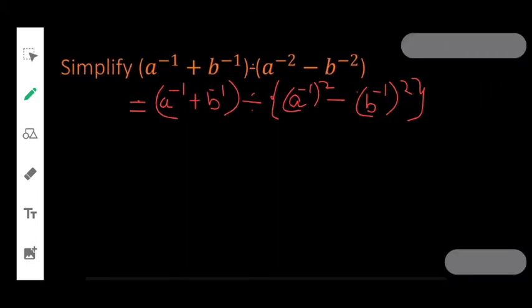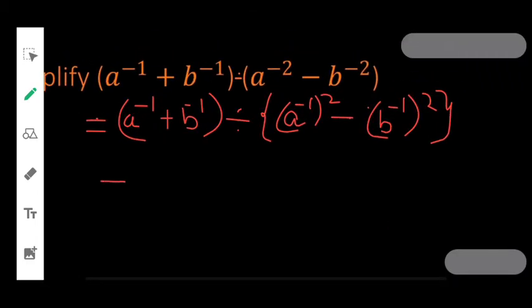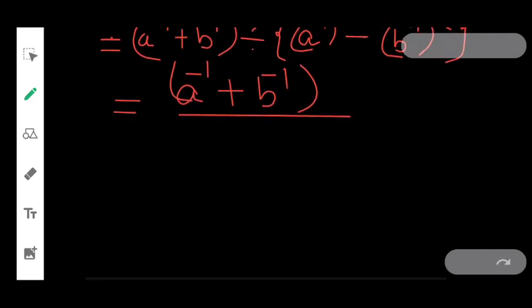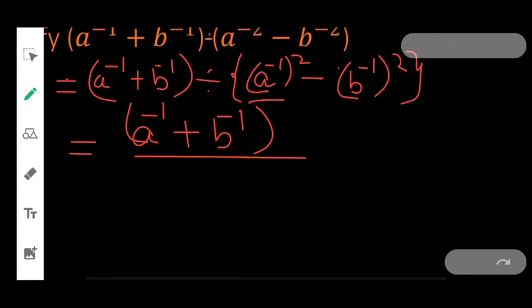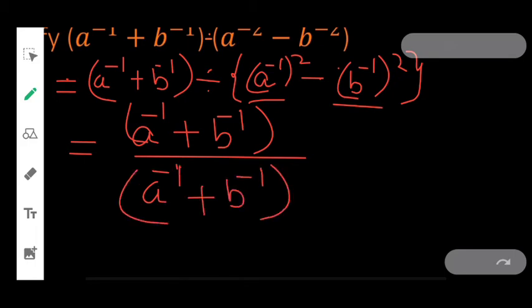Okay, so this will be a to the power minus 1 plus b to the power minus 1 by a to the power minus 1 square minus b to the power minus 1 square. This will be a to the power minus 1 plus b to the power minus 1 into a to the power minus 1 minus b to the power minus 1.